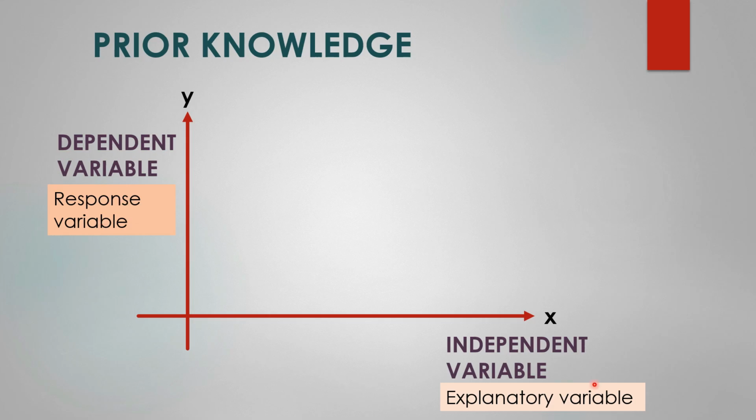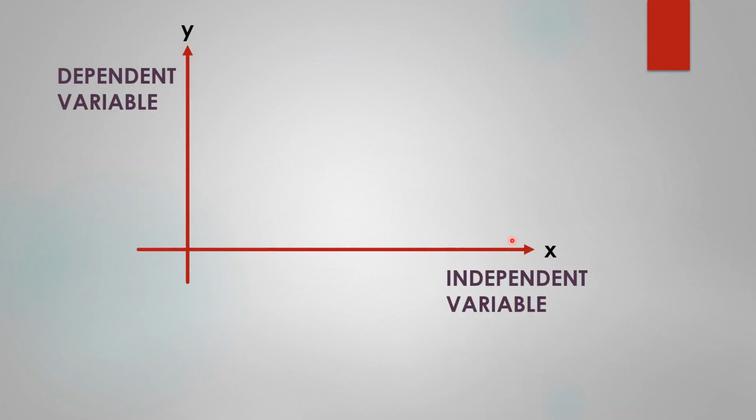The explanatory variable is the cause, whereas the dependent variable, which is the response variable, is the effect from the cause. Let's look at an example for independent variable and dependent variable. For independent variable, let's say we have temperature, and for dependent variable, we have sales of ice cream.